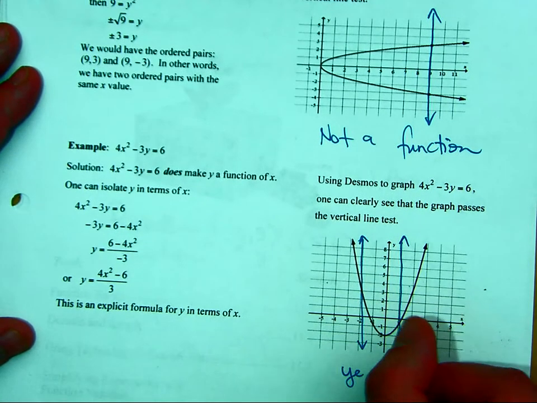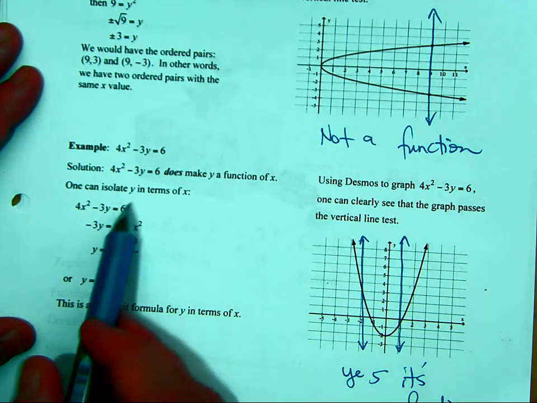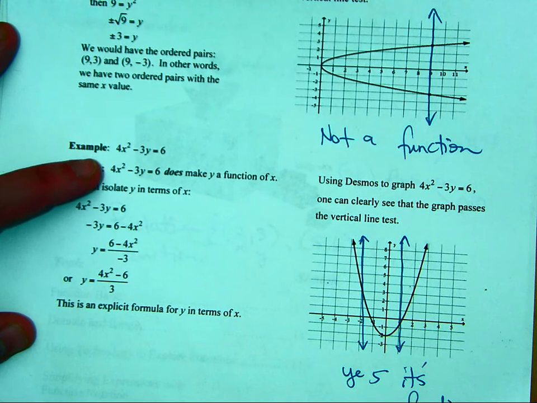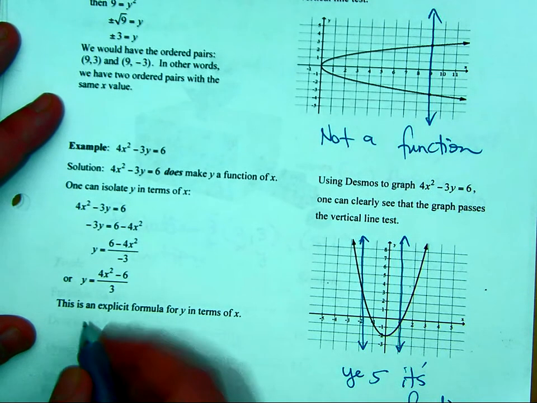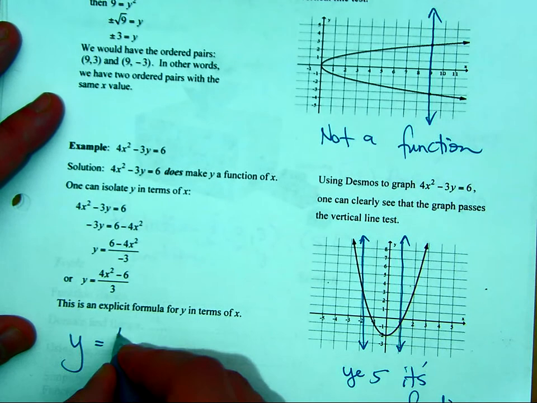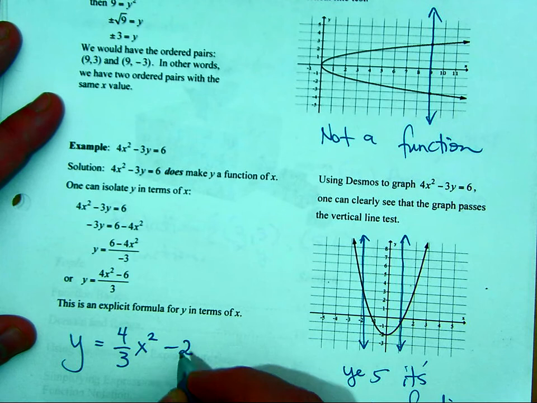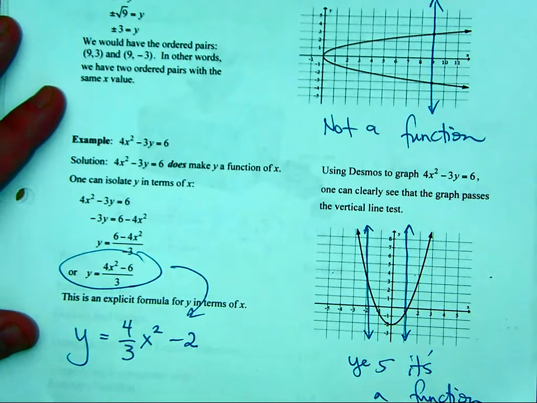And all they're showing you here is how you could rearrange that quadratic equation and get y by itself. That's isolating the variable. This is the same thing as y equals 4/3 x squared minus 2. Do you see how I'm going from this to that?